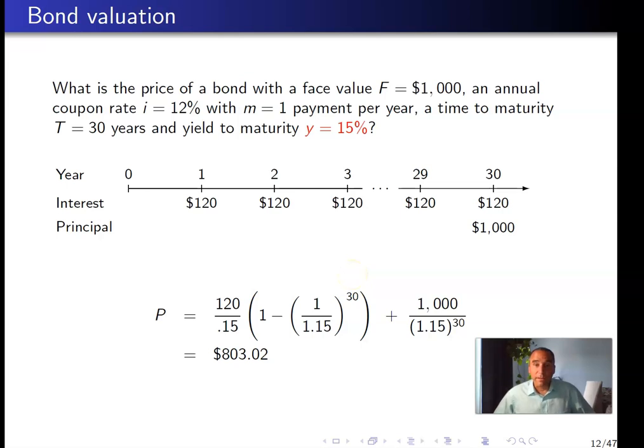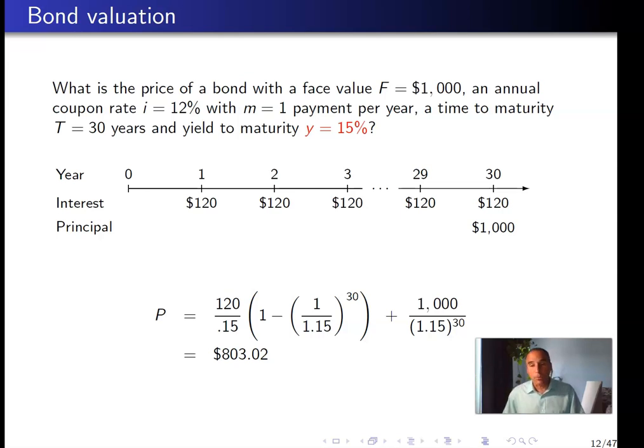What happens when the yield to maturity is 15% instead of 10%? In this case, the bond price falls below the face value. The bond price becomes $800.02, which is consistent with a 15% return for the bondholder. So again, if the price were $1,000, the return to the bondholder would be 12%. But then other bonds with similar characteristics would offer a return of 15%.